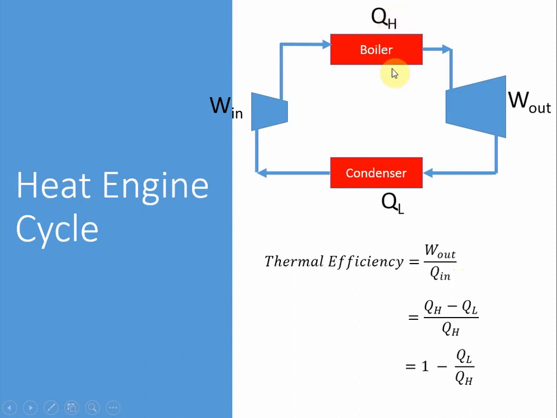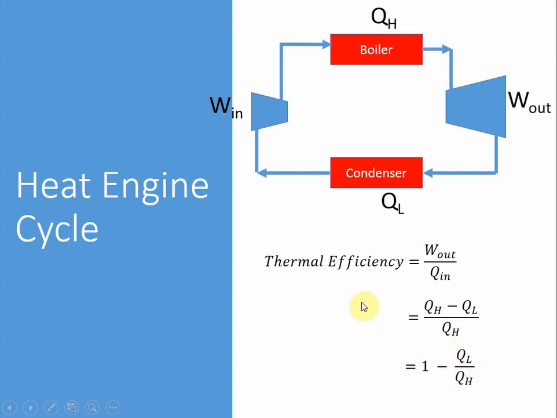By applying the first law of thermodynamics, now you know how to draw the system boundary. So you can draw an appropriate system boundary, and then you will find out by applying the first law of thermodynamics that work output is equal to QH minus QL. Therefore, you will end up with this equation.